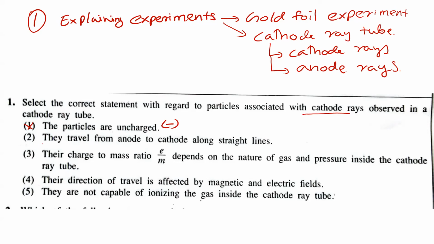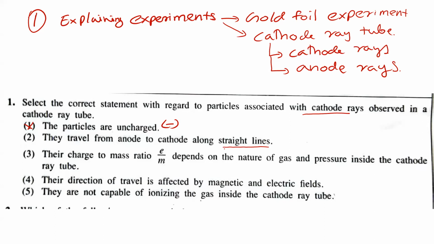The second option: they travel from anode to cathode along a straight line. Now it is true that it's traveling in a straight line. This is where they get you. These questions are so easy, but sometimes they combine a true fact and a false fact, so you're going to read one part wrong and pick the wrong answer.